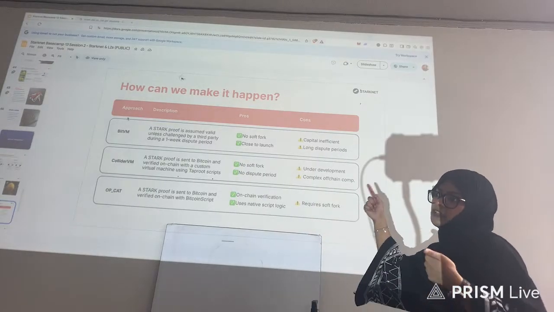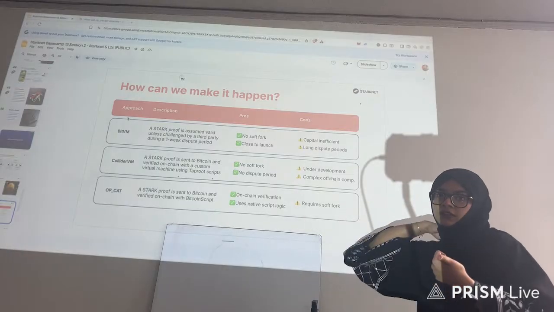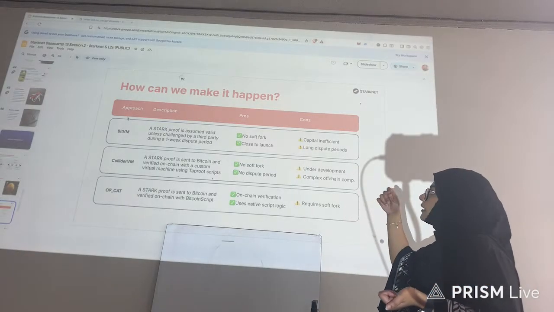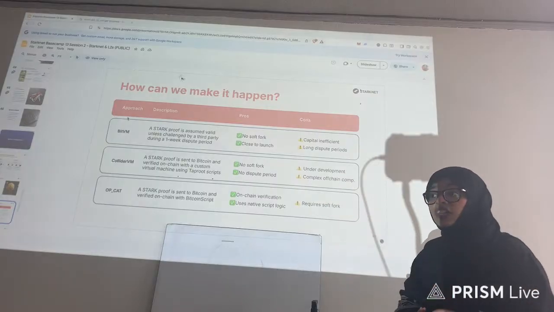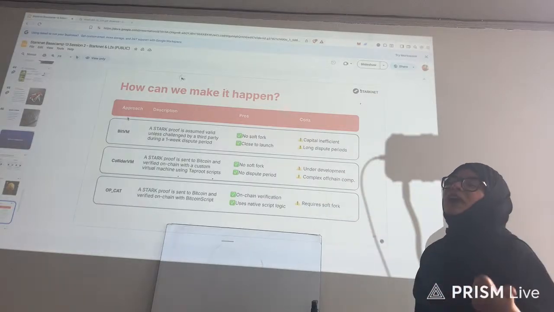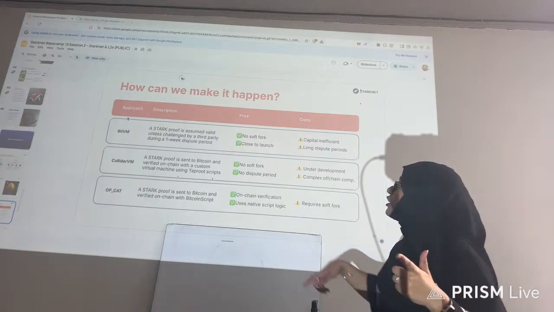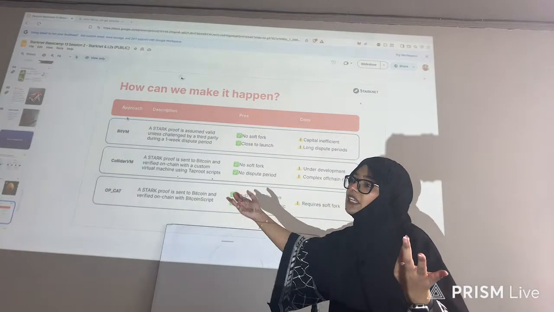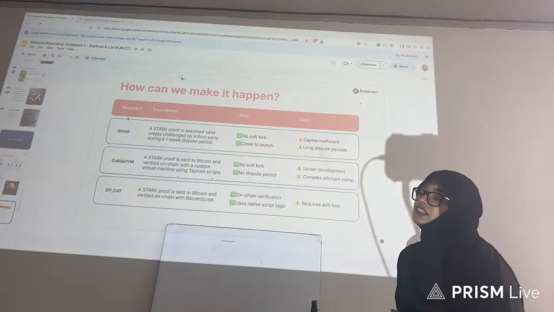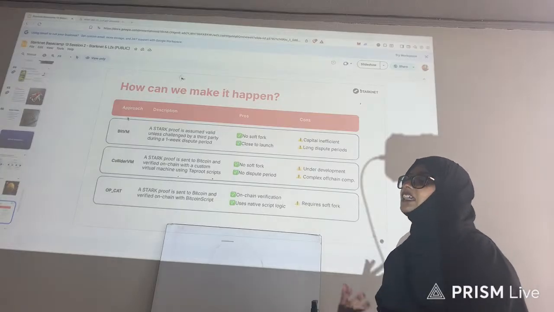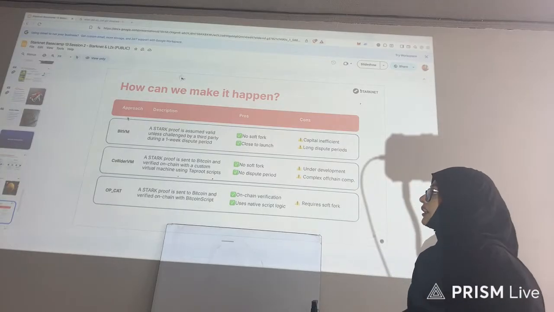The problem with OpCat was that it required a soft fork and an upgrade of the Bitcoin protocol, but this one doesn't. It's very close to launch, but it's super expensive and there's a long 1 week dispute period. Let's say on the 7th day somebody decides to dispute the Stark proof, then you go into this whole loop again. So that's closer to launch, but it's not a very efficient solution.